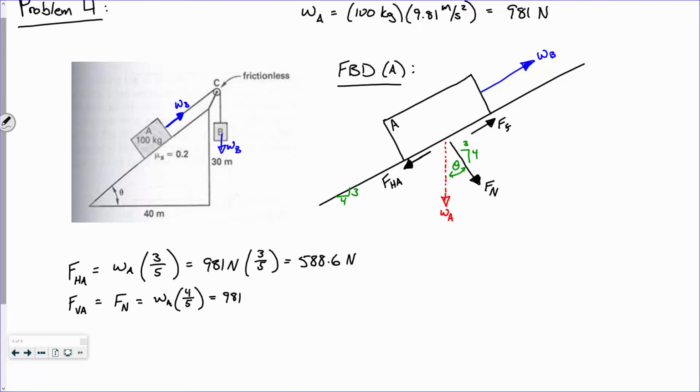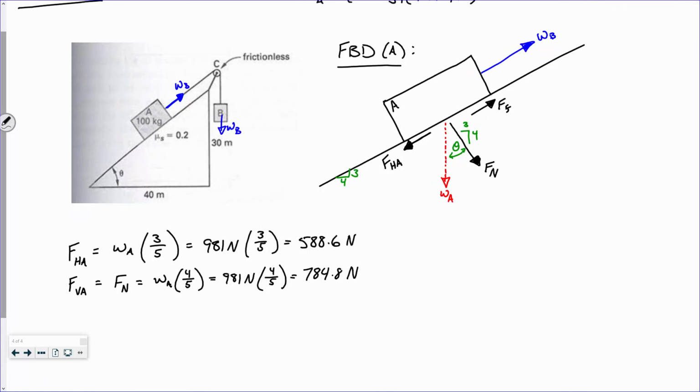So 981 times 4/5, and that comes out to be, I think, 784.8. Is everybody okay with that, or did I go too fast on that? Am I good? Okay. All right. Now, how do we determine F sub F?